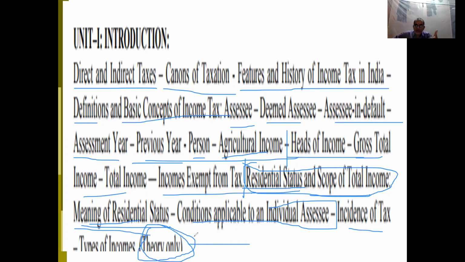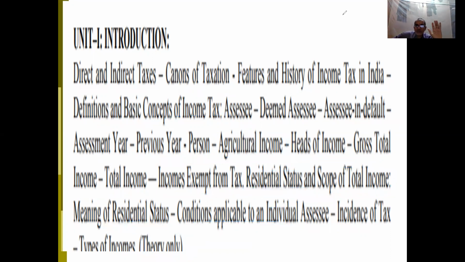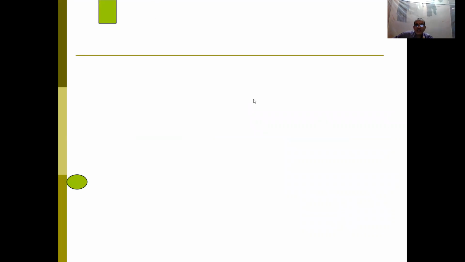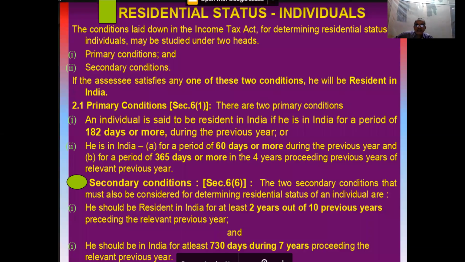Actually, this first unit is totally theory, but if I only teach theory, you cannot understand residential status. So that is why we have calculated 2 simple problems till now. Okay, now we will see incidence of tax. Why residential status is important, we will see now. If you see this table, you will be able to understand.